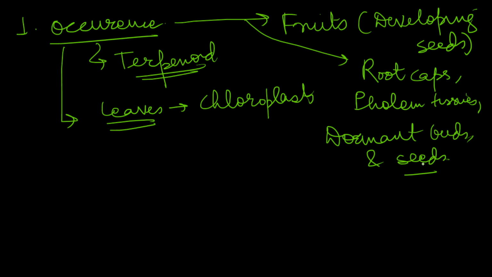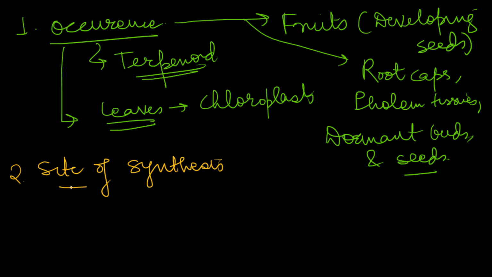Secondly, we will now move to the site of synthesis. ABA is primarily synthesized in green leaves, in roots, and in developing seeds.